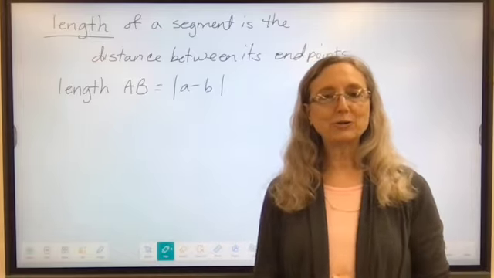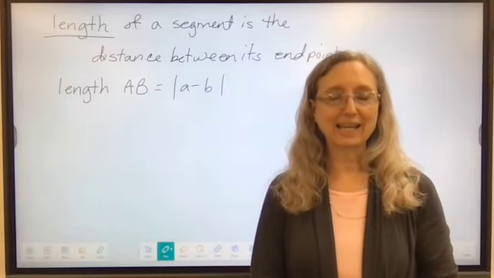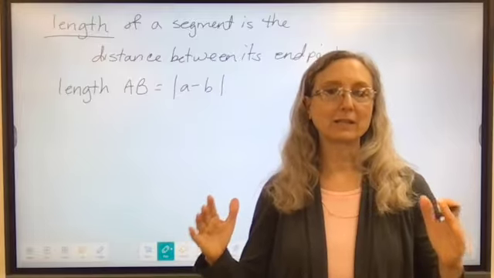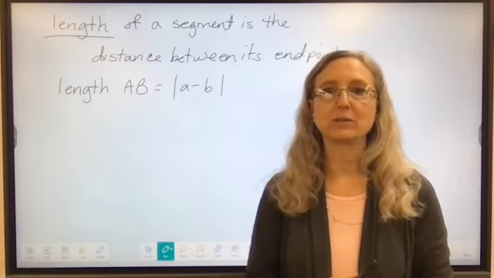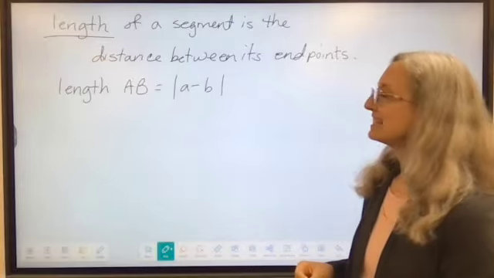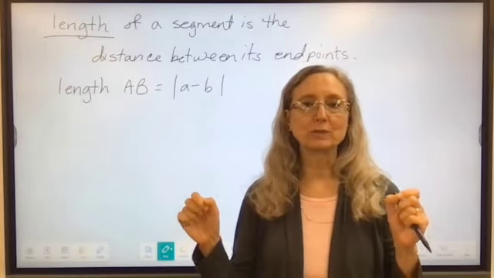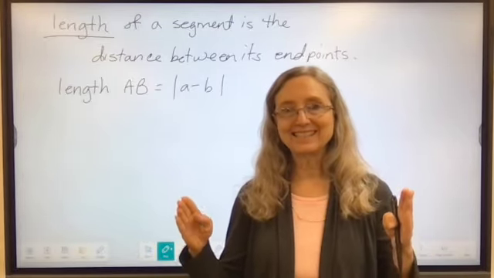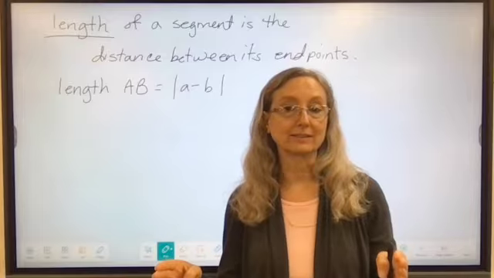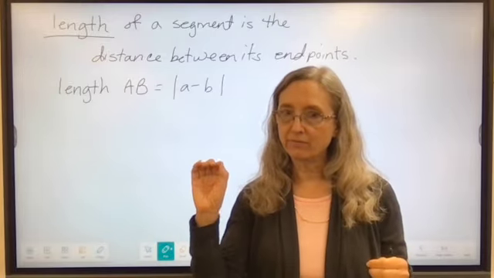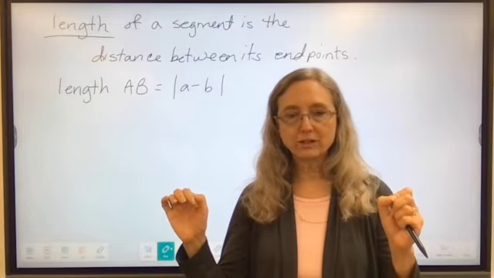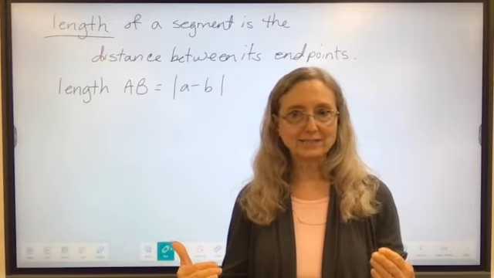Okay, so how do you find the length of a segment? How long a segment is, because it has 2 endpoints. So the length of a segment is the distance between its 2 endpoints, and you find distance by subtracting. So it's the difference of the number value of one with the number value of the other. You just subtract.